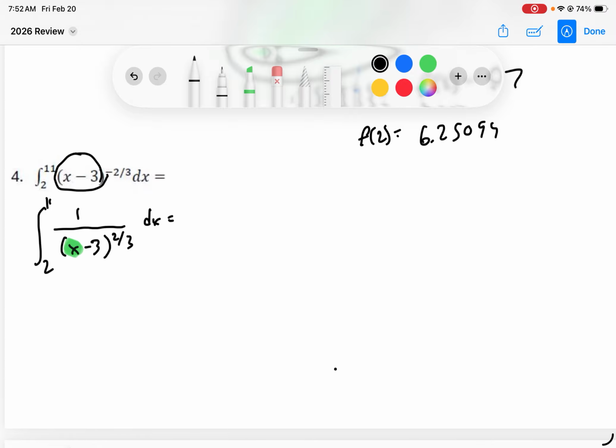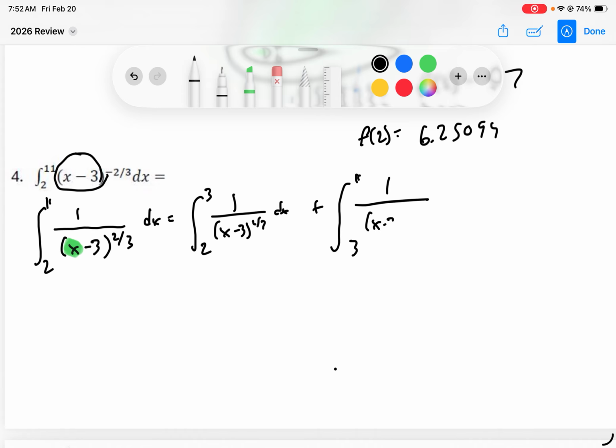But it does matter. So I'm going to have to rewrite this integral. I'm going to break it up into 2 parts. The integral from 2 to 3 of 1 over (x minus 3) to the power 2/3 dx, plus the integral from 3 to 11, same integrand, 2/3 dx.